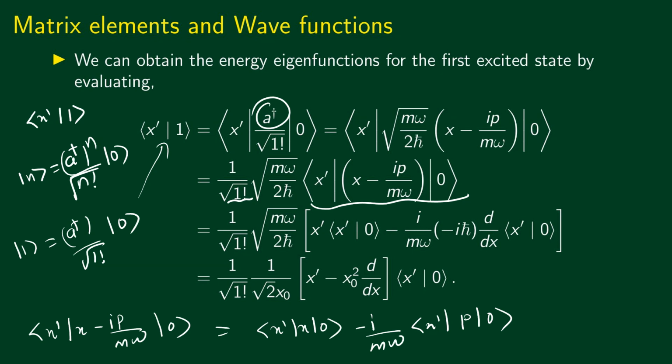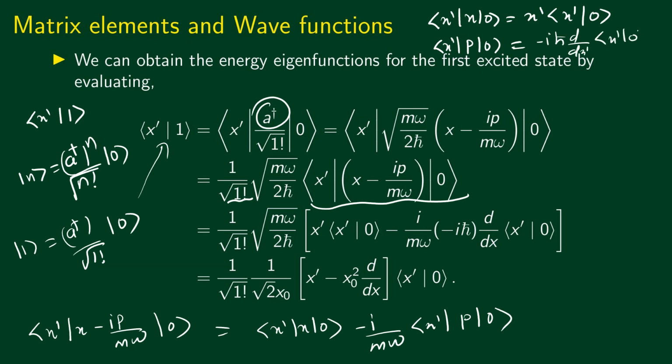These things we have seen before. Bra x prime x ket 0 is equal to x prime multiplying bra x prime ket 0, and bra x prime p ket 0 is minus i h bar d by dx prime acting on bra x prime ket 0.